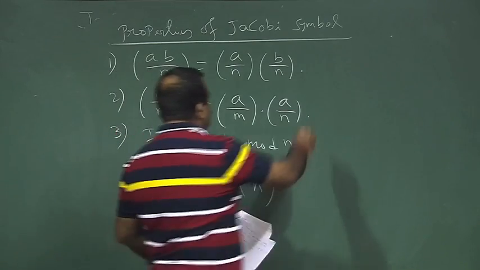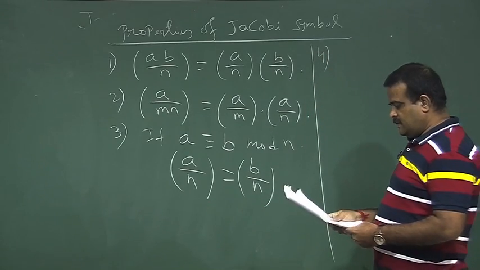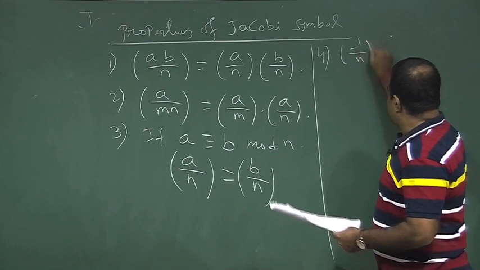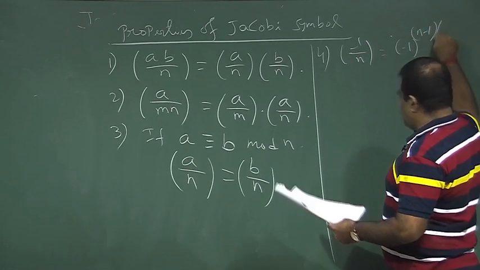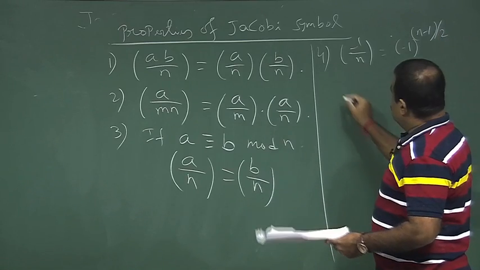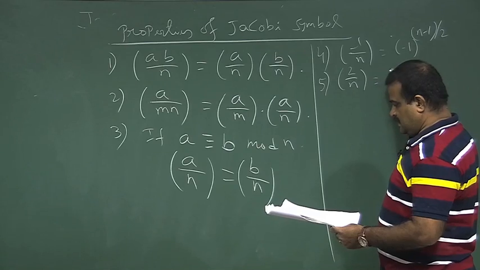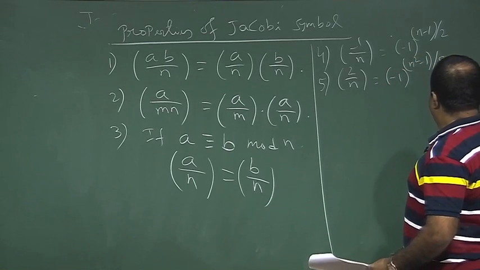Another result: (minus 1 by n), which we have seen, is minus 1 to the power (n minus 1) by 2. Also (2 by n) is equal to minus 1 to the power (n squared minus 1) by 8.